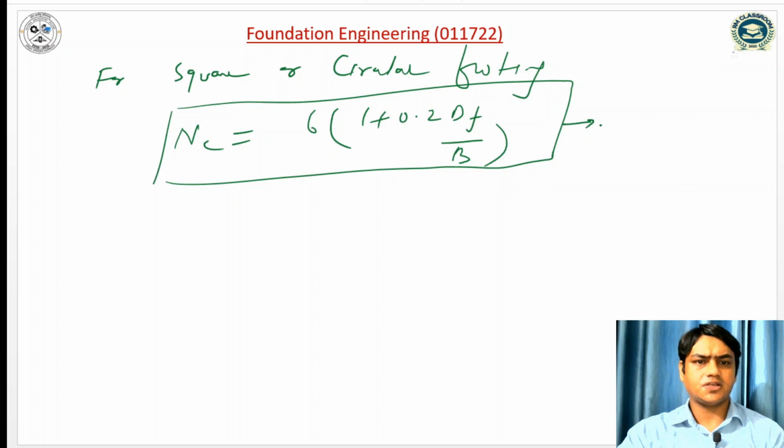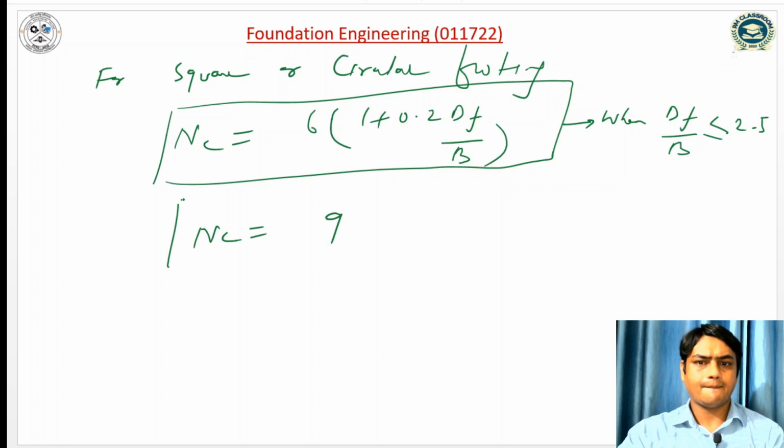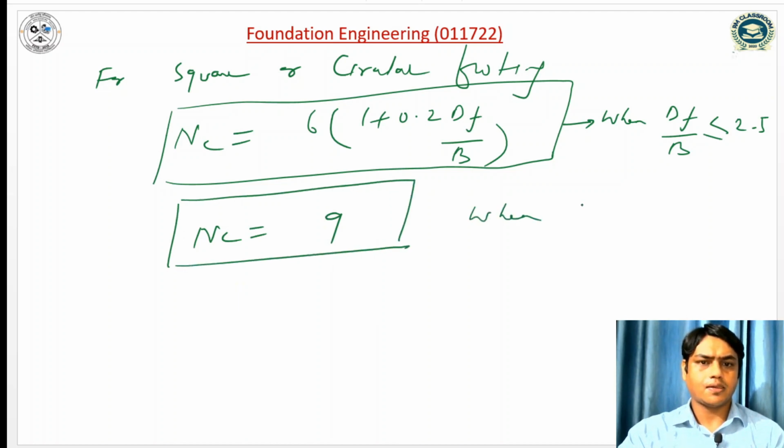This formula is applicable when Df by B is less than or equal to 2.5, and Nc is equal to 9 when Df by B is greater than 2.5.